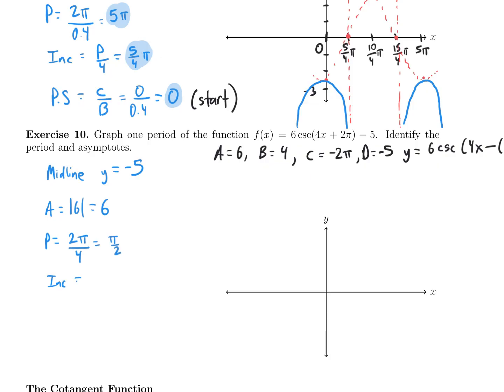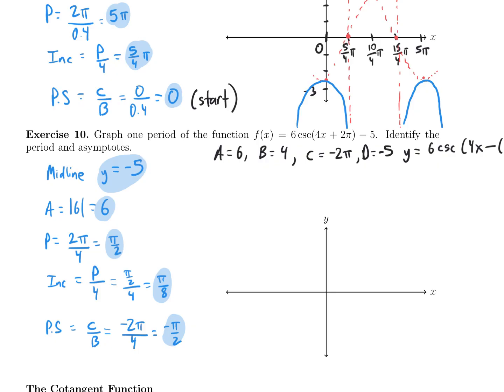Increments: we're going to divide the period by 4, which is pi over 2 divided by 4, which is pi over 8. Lastly, phase shift, c over b, turns out to be negative 2 pi divided by 4, which is negative pi over 2.